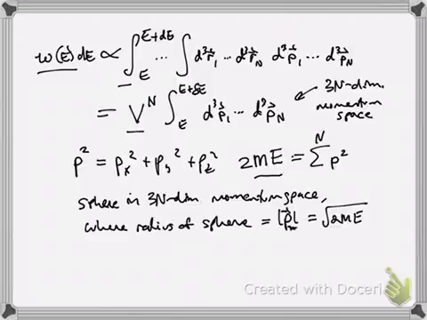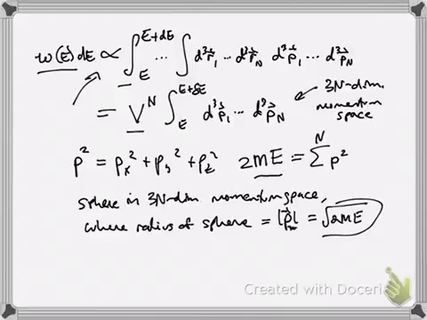Now, if we're willing to throw away that prefactor, because we've got a proportionality sign here, we can pretty quickly say, all right, if I've got a sphere of radius this, and there's 3n dimensions, then the area of that sphere is going to go as energy to the 3n over 2 minus 1, because the volume of the sphere goes as 3n over 2, right?